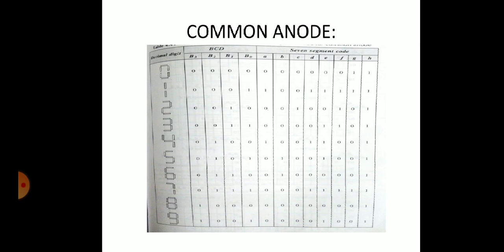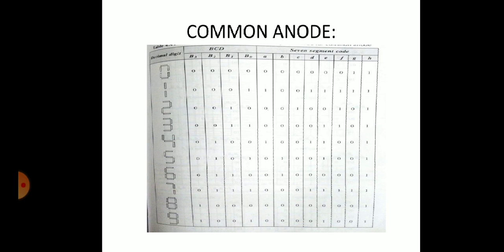First, common anode type. So first, when it shows 0, it will blink A, B, C, D, E, F. So for representation of 0, the BCD number will be 0000 using 4 bits. What will be the 7 segment codes?